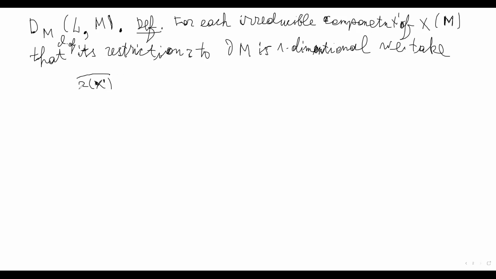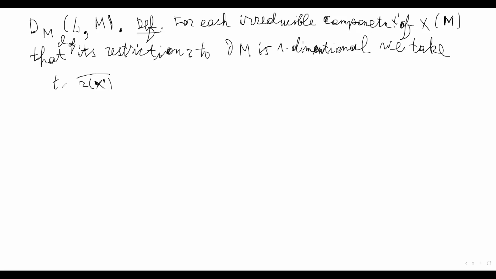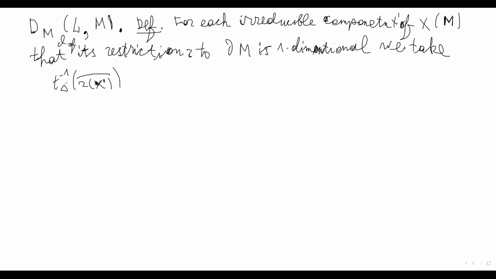We take the closure of its restriction, and then we take this preimage under T diagonal. When we have a diagonal representation, we could also take its trace, and we name it T diagonal in order to understand for what representations we took a trace. And this union is D of M.